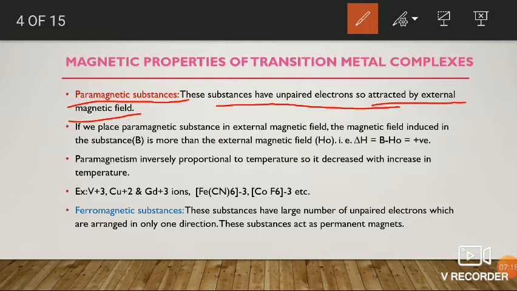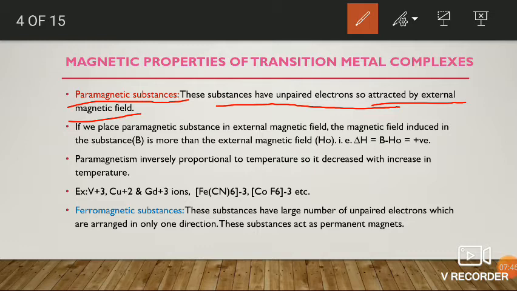It is due to the alignment of the induced magnetic field with the external magnetic field vector, so they attract each other. In the case of diamagnetic substances, the induced magnetic field direction and external magnetic field direction are antiparallel, or opposite to each other, so they repel each other.